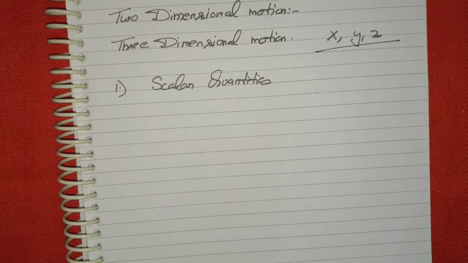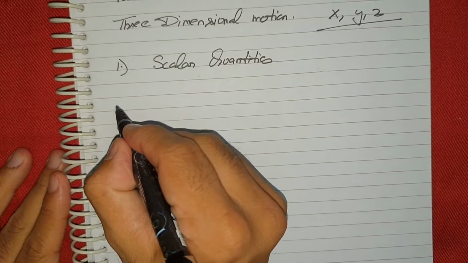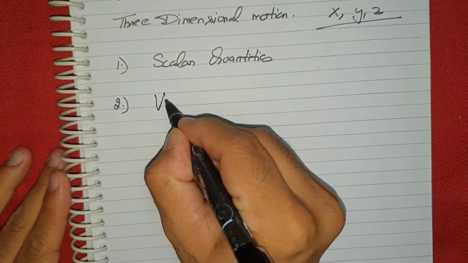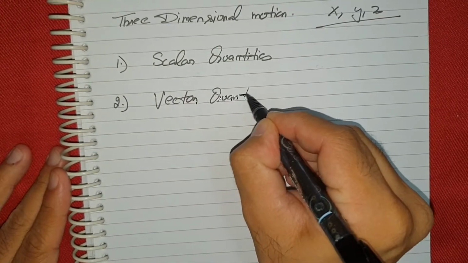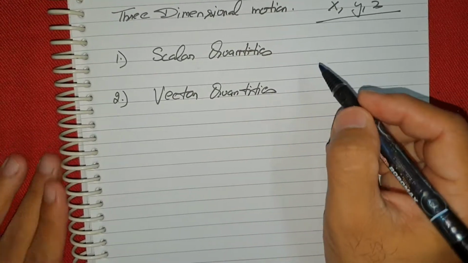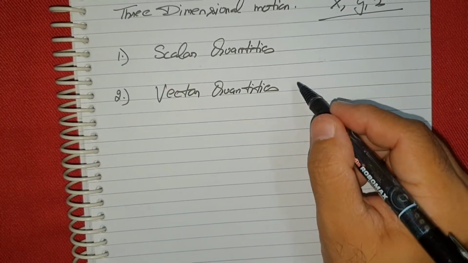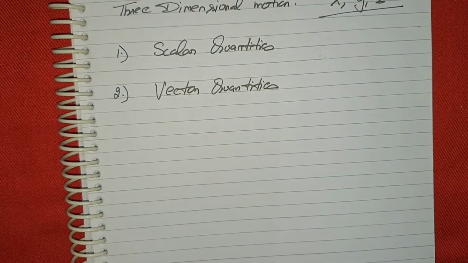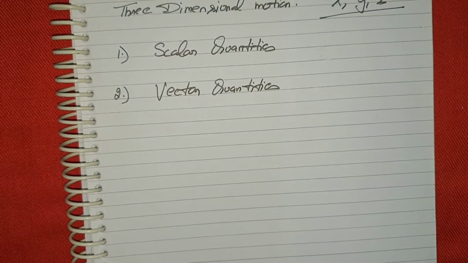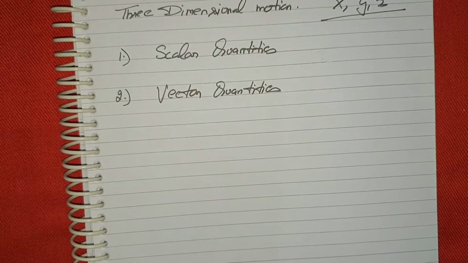Now come the vector quantities. Vector quantities, in addition to magnitude, need a direction to completely specify them. The physical quantities which have magnitude as well as direction are called vector quantities or vectors.